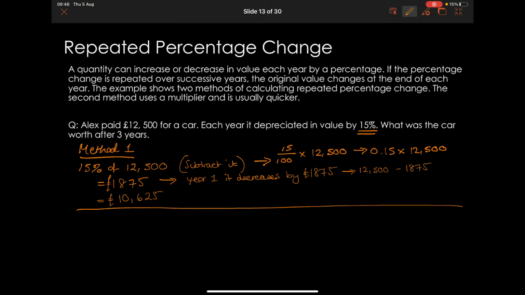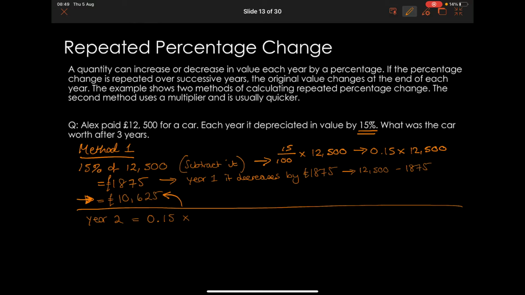Then I would have to do all of that again for year 2. So for year 2, I'm going to do 15%, or 0.15, of this amount, which is my new amount now. So after year 1, the car is worth £10,625.